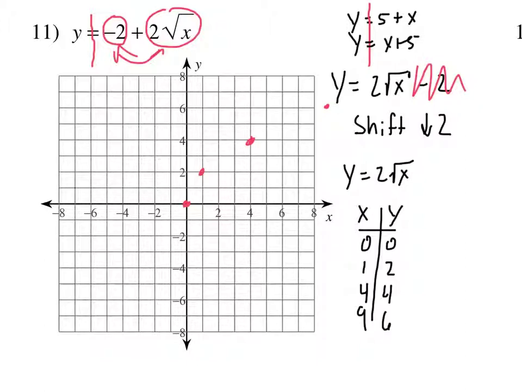But again, that is before the shift. We have to shift everything down 2. So this is our graph.